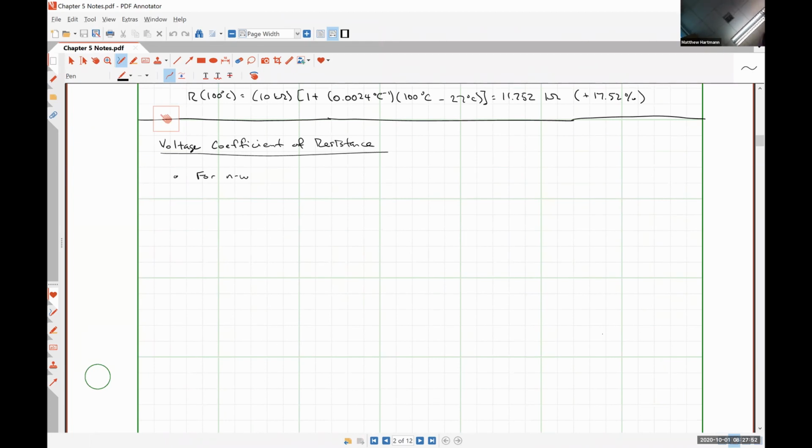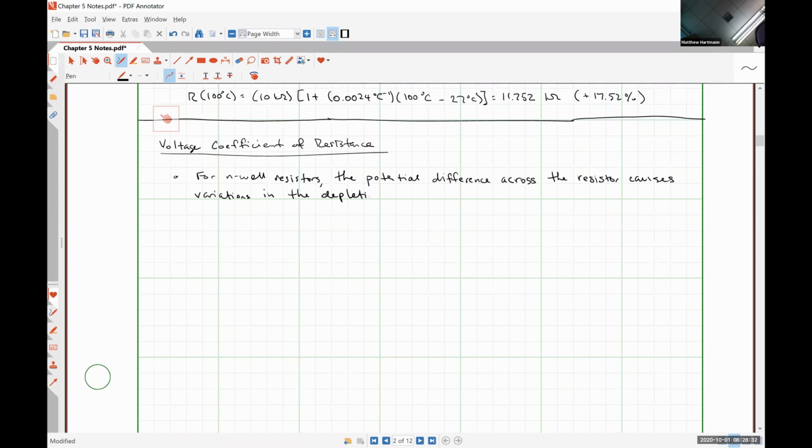So for N-well resistors, the potential difference across a resistor causes variations in the depletion region of the N-well P-sub-junction.